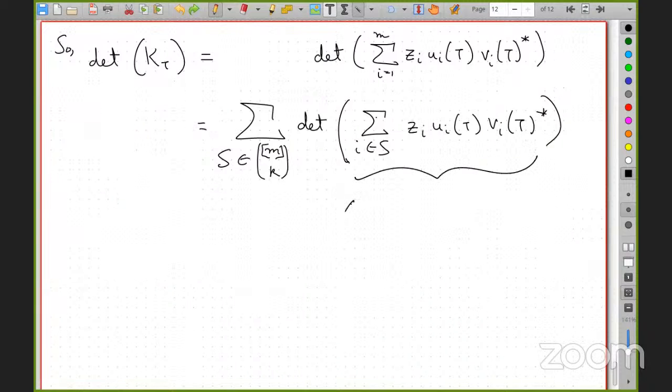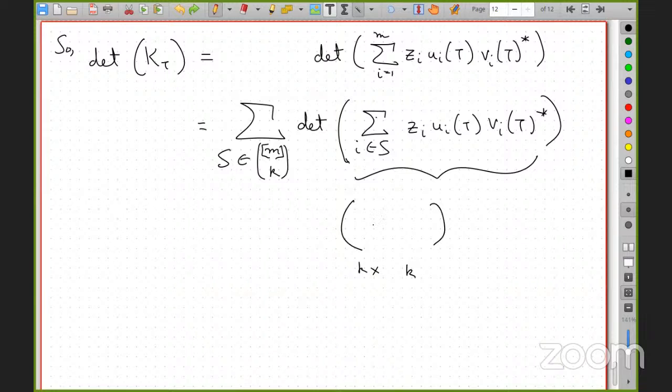This looks like a k cross k matrix where the ith column is zi times ui, and then there is another k cross k matrix where the ith one is vi star.